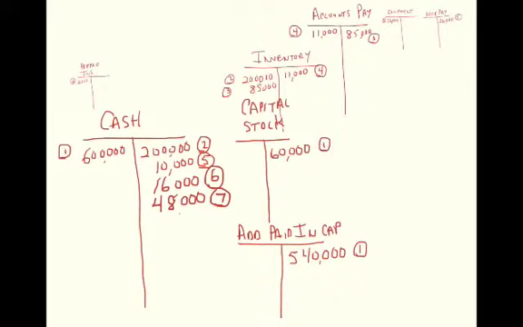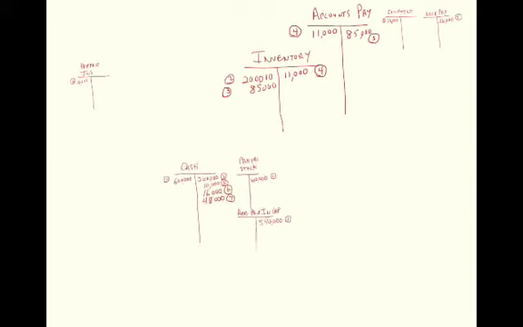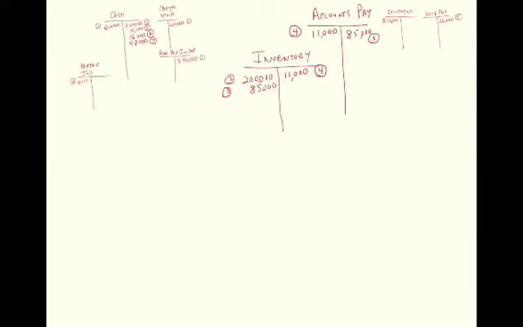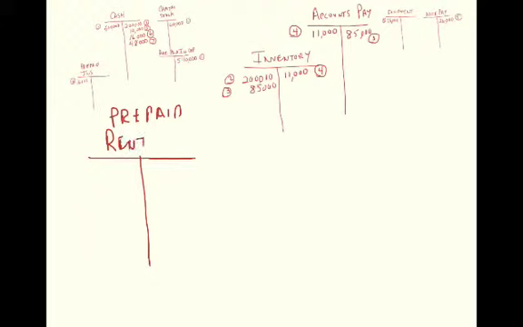Okay, so we'll try to make that small again by taking that down here, putting it up there. And that's a credit to cash for $48,000, and we're going to have a debit to prepaid rent. And that's going to be a debit for $48,000.